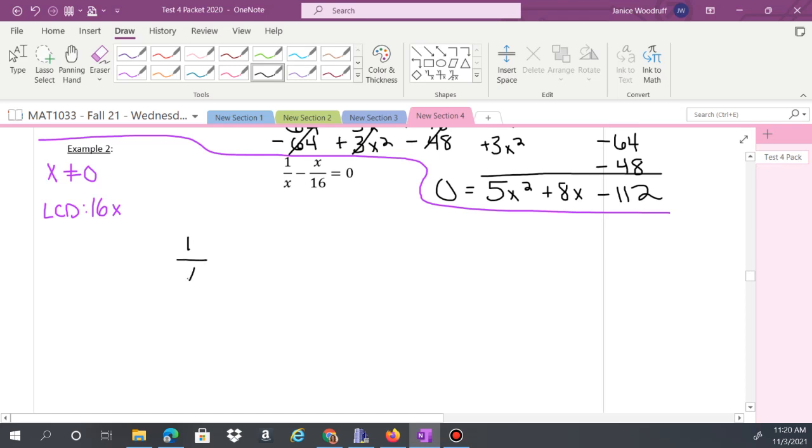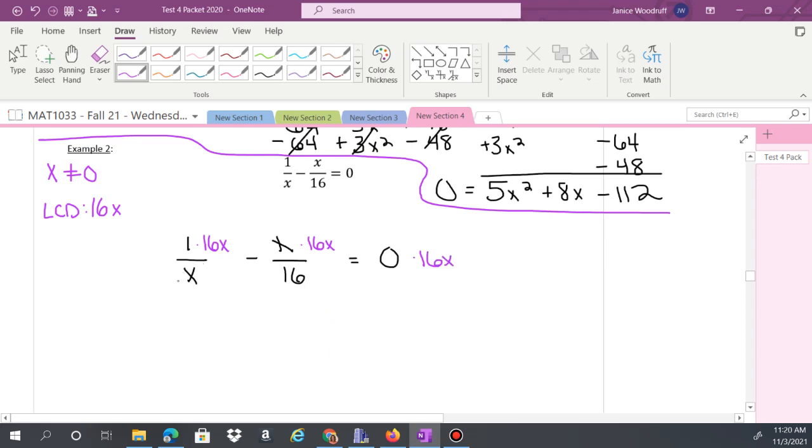Okay, I'm going to rewrite this down here. My common denominator is 16x, so now step 4, I'm going to multiply each term by the common denominator. So multiply by 16x, multiply by 16x, multiply by 16x.